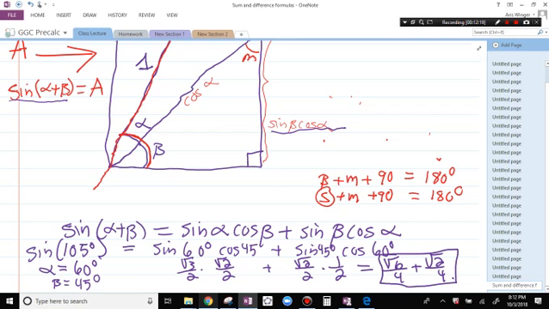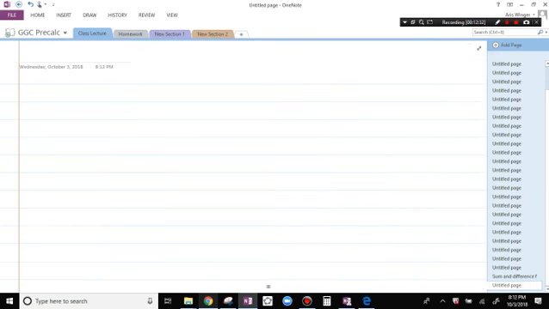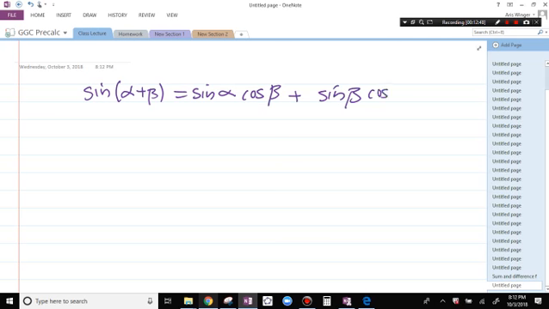There's going to be one for sine and one for cosine. Let's do one with difference. If we do a minus instead, that means that the beta needs to be negative. So we got the sine of alpha plus beta is sine alpha cosine beta plus sine beta cosine alpha.